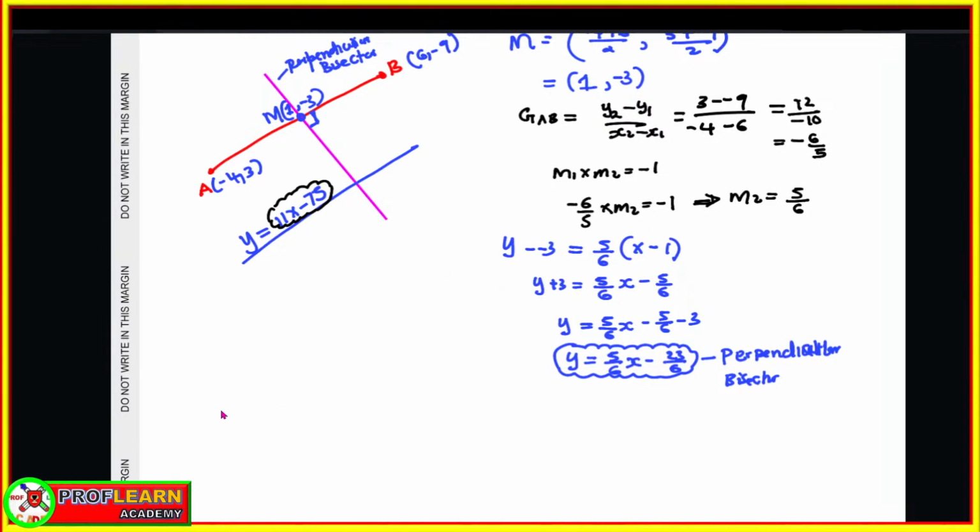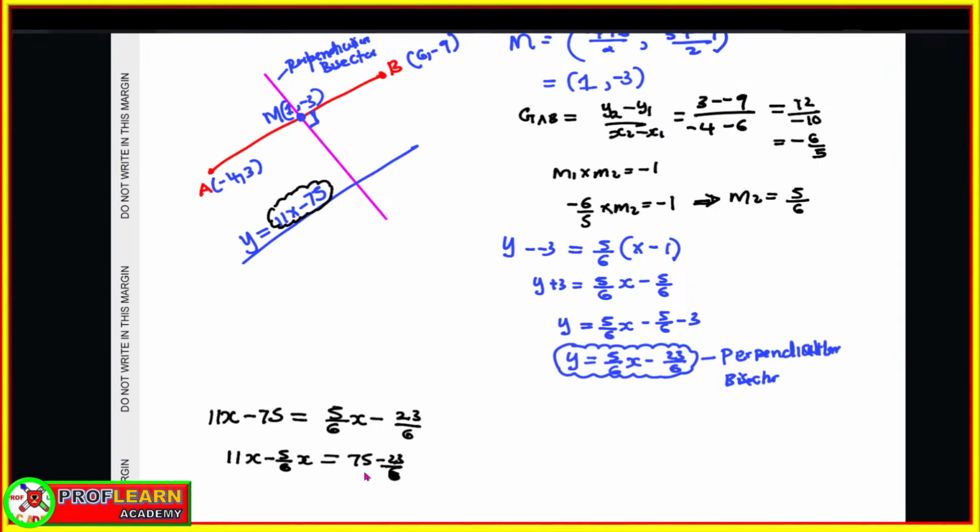So we can say 11x minus 75 is equal to 5 over 6x minus 23 over 6. So we can now put the like terms together, so we shall have 11x minus 5 over 6x is equal to 75 minus 23 over 6.